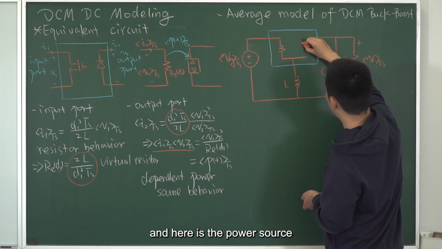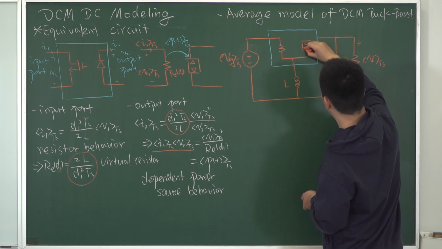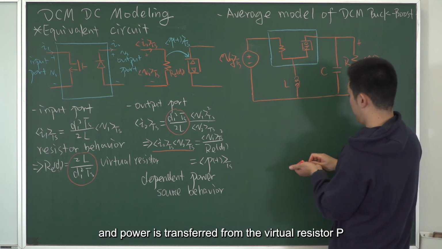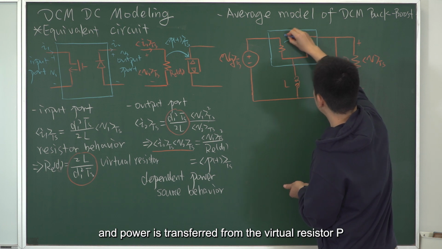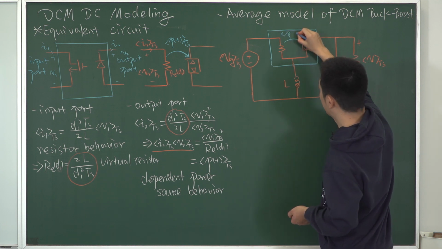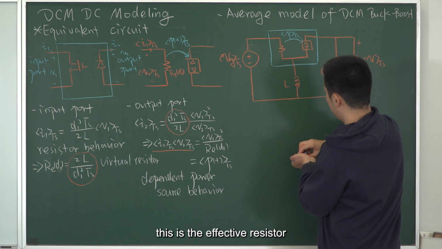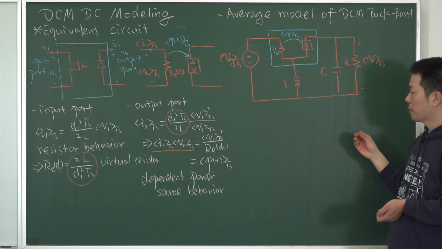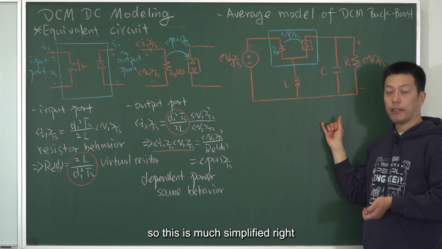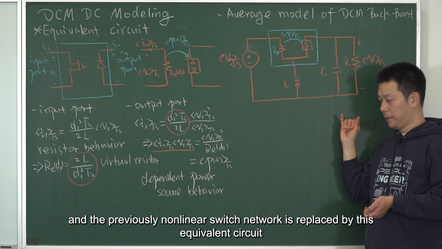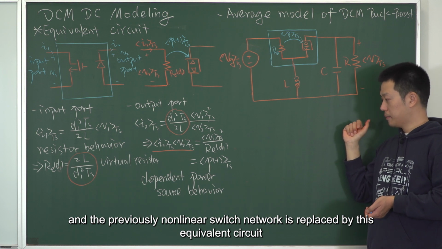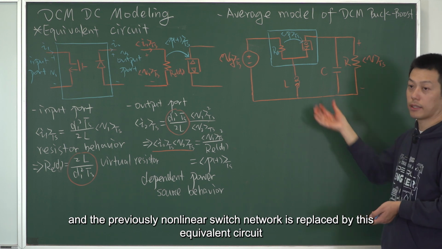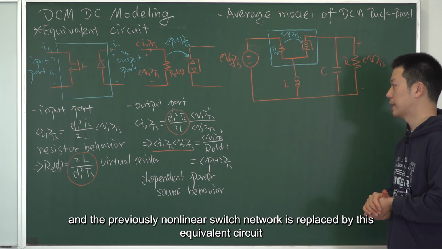And here is the power source. And power is transferred from the virtual resistor, P. And this is the effective resistor. So this is much simplified. And the previously nonlinear switch network is replaced by this equivalent circuit.